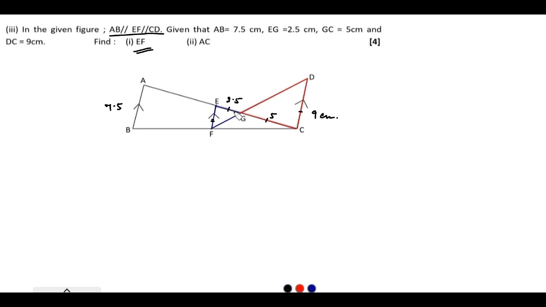Now in these two triangles, this angle is equal to this vertically opposite angle and this angle is equal to this angle because EF is parallel to CD, then alternate angles are equal. And if two angles are equal, it means these two triangles are similar triangles. And if these are similar triangles, then their sides will be in proportion. With the help of this, we can find the value of EF.